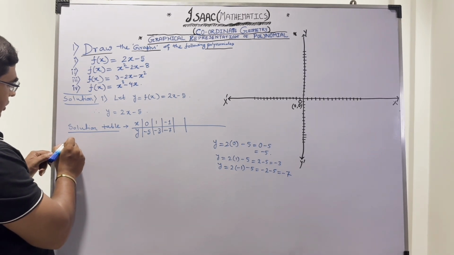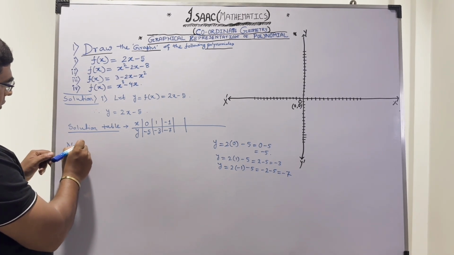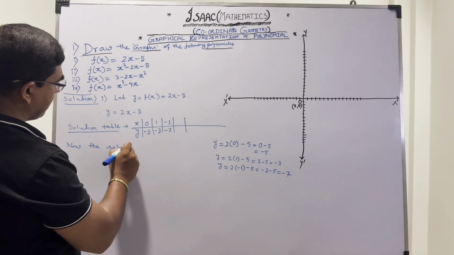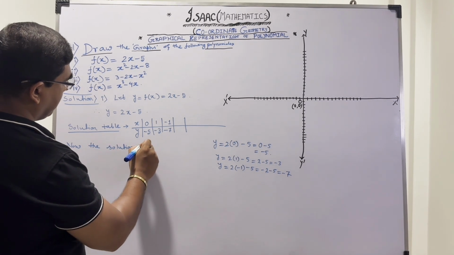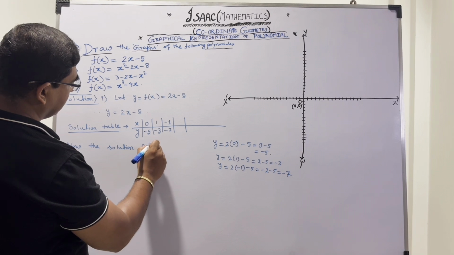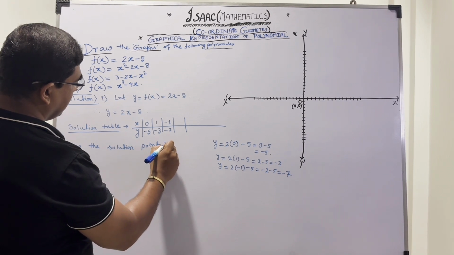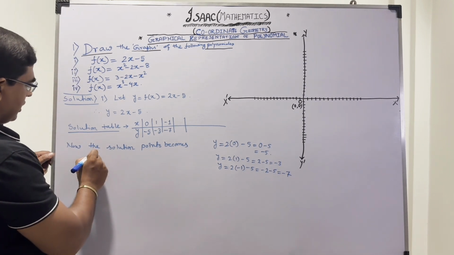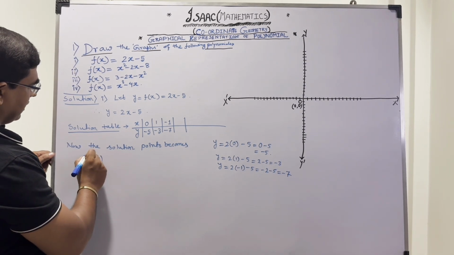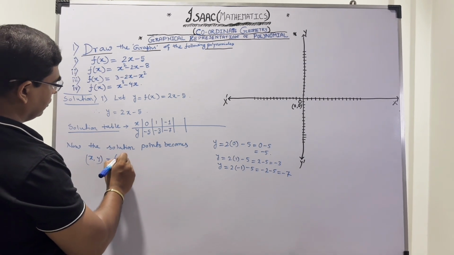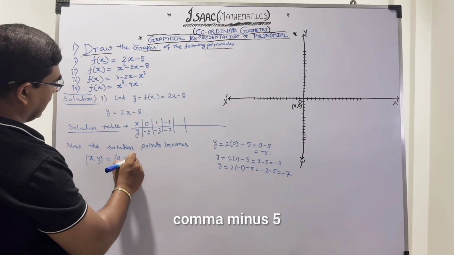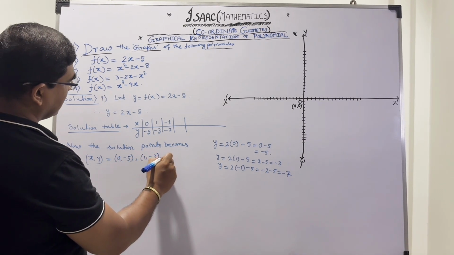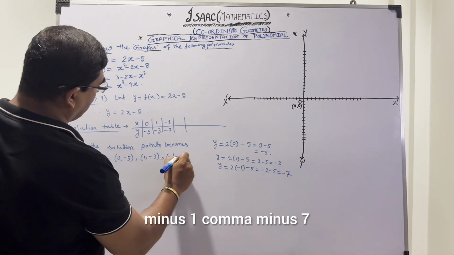So the solution points become (x, y) equals (0, minus 5), (1, minus 3), (minus 1, minus 7).